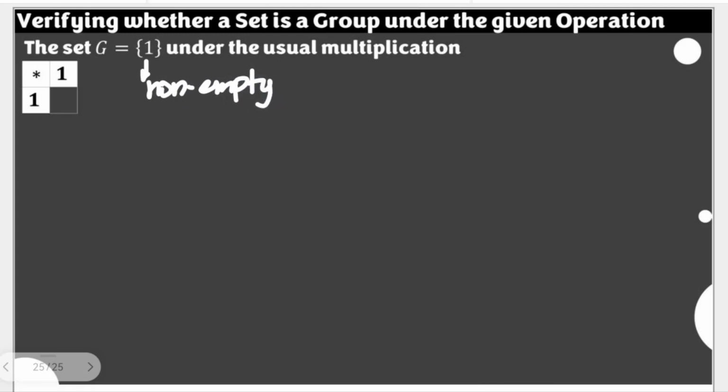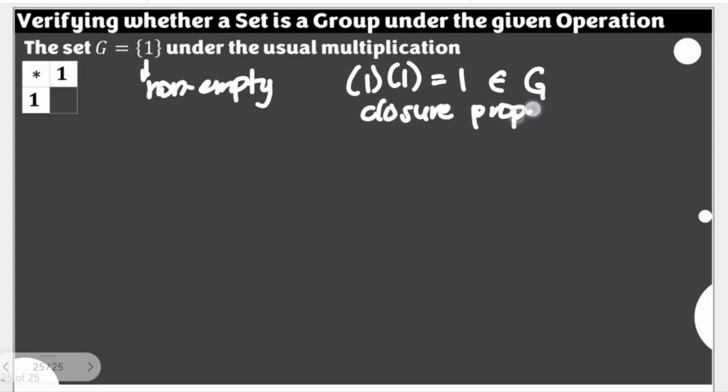And if we're going to examine the closure property, in usual multiplication, if we have 1 times 1, the result is 1, still an element of G. This means there is closure property for this given set. With this, we can proceed to the different conditions.